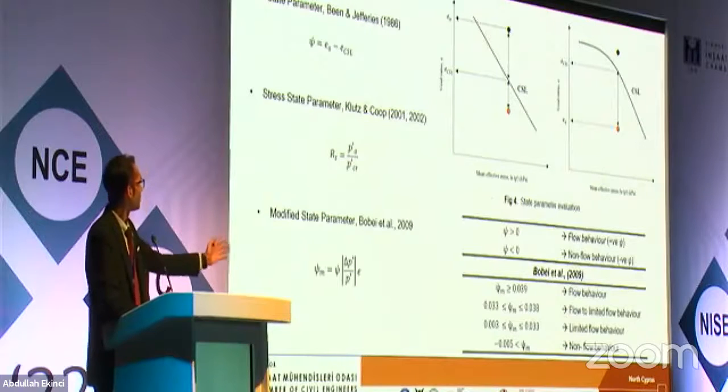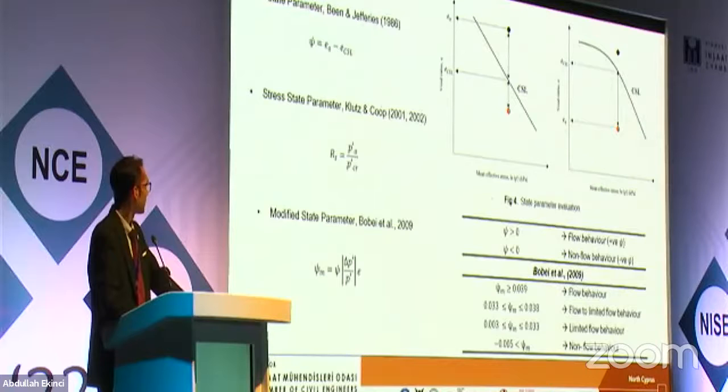Then Bobei et al. in 2009 suggested a modified state parameter, which is basically a function of the stress ratios. In the numerator, we can find the stress difference, divided by the initial stress applied, and also, of course, the void ratio.